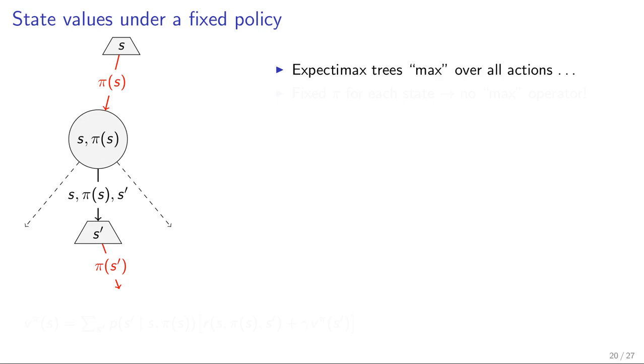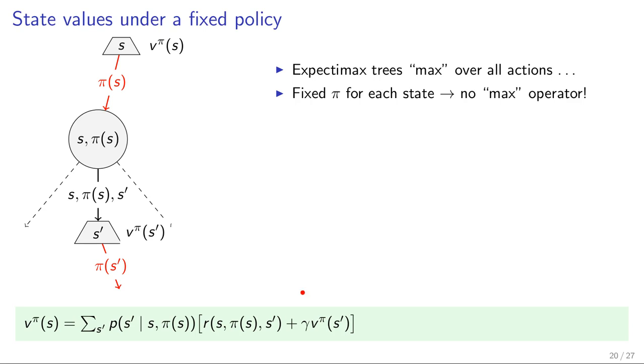So there's pi of s. The value for that particular policy pi is the same thing. It's basically like what we had for the Q values, right? But the Q values were: take action A and then follow a policy thereafter.